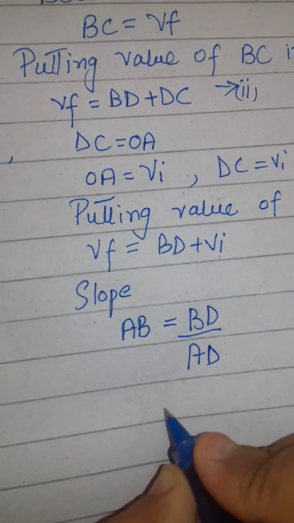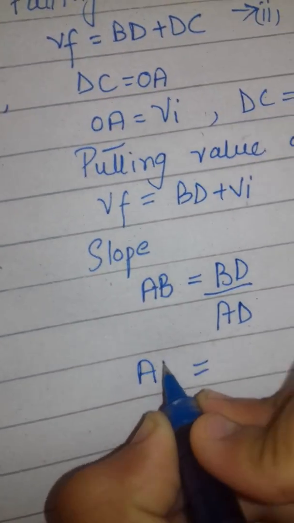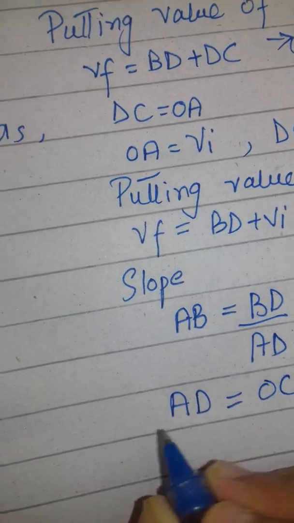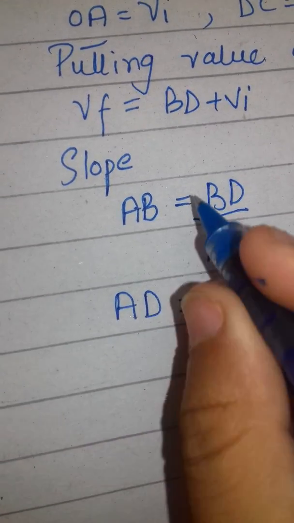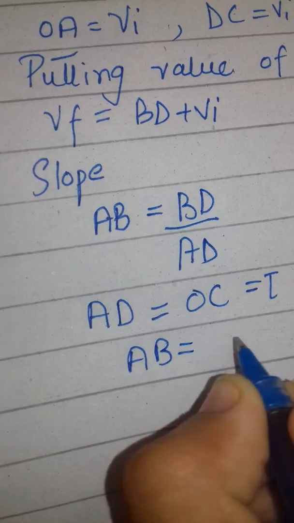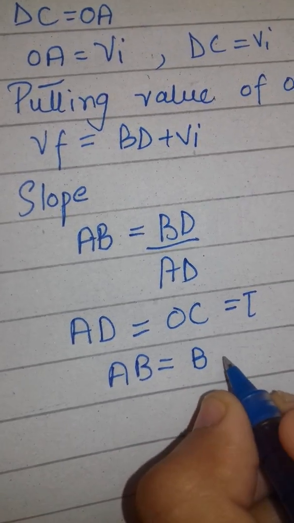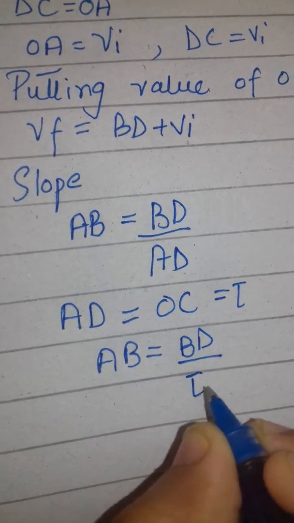Now I'm going to tell you that AD is equal to OC, and OC is equal to time. So we can write AD as T.